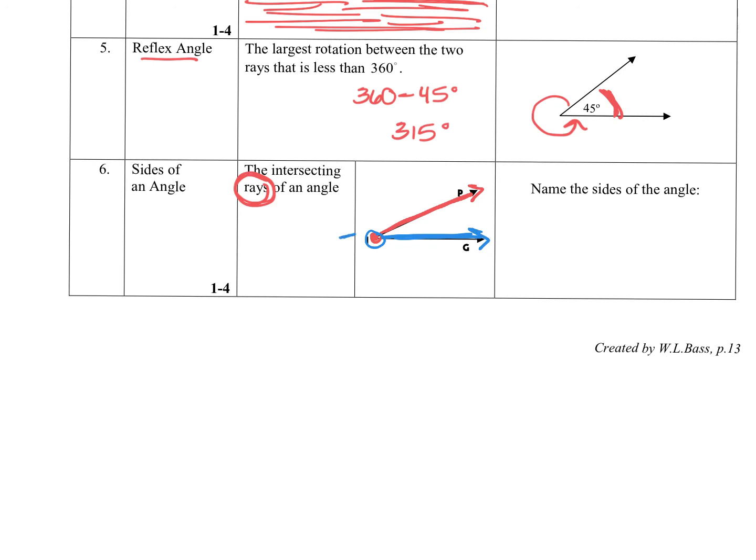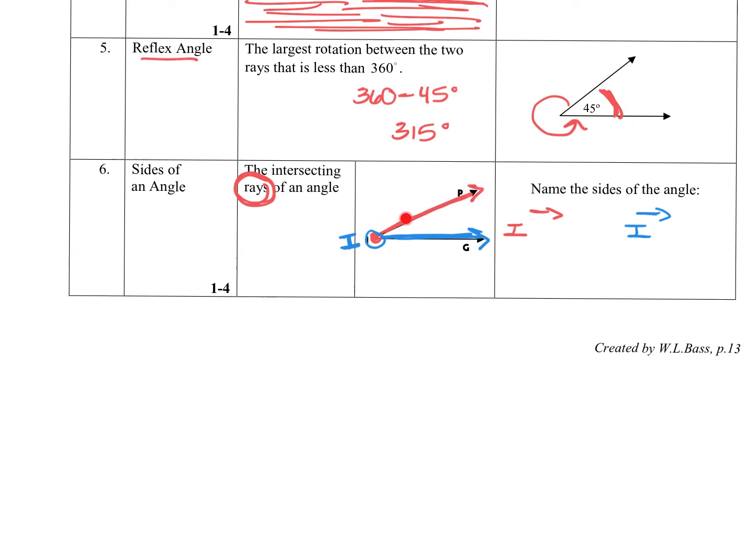I'm going to rewrite that I that I just wrote over. So when we name these two sides, we need to name them as rays. So I know that I'm going to need a little mini ray for both of them. I know that both of these rays have a common endpoint, so both rays are going to start with the letter I. And then we'll just pick a point that's in the direction of that side.